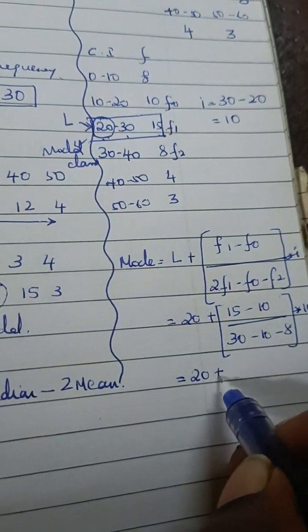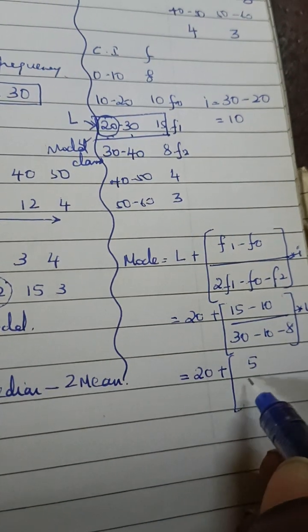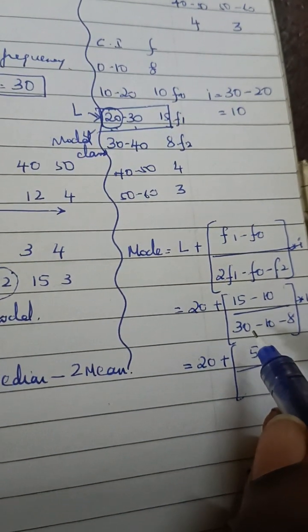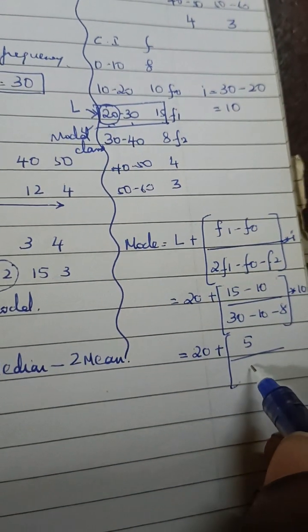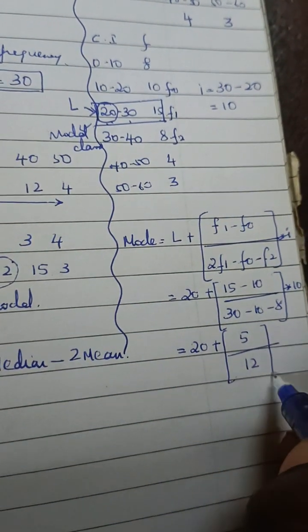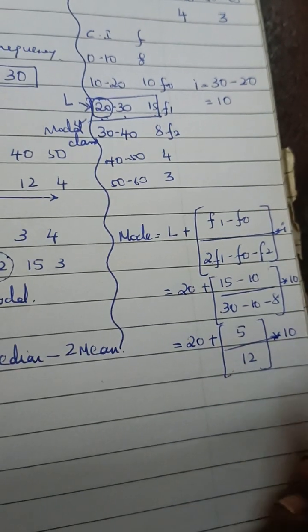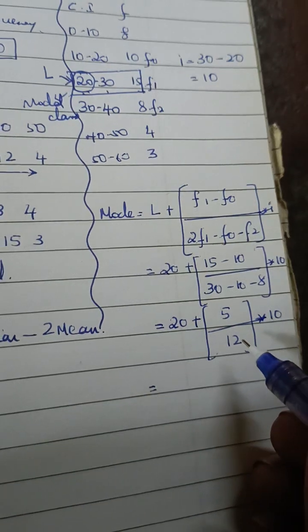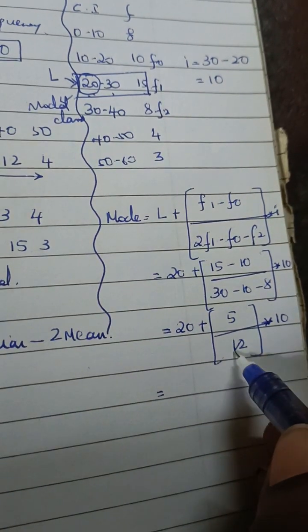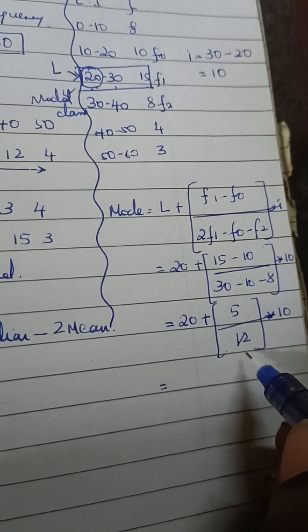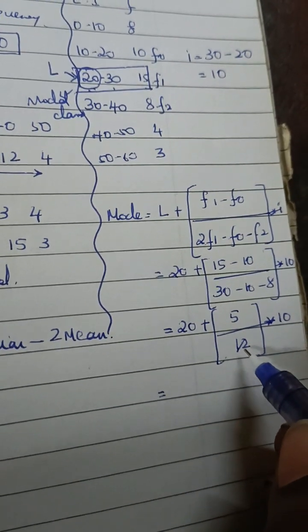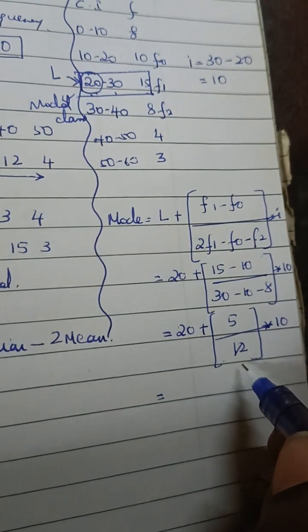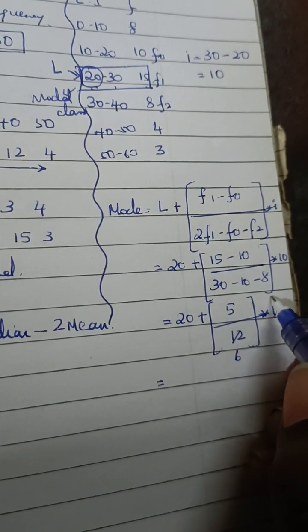So 20, here you have 5, 30 minus 10 is 20, 20 minus 8 is 12, into 10. You can calculate however you want. Use a calculator please. First divide, then multiply, and only then add.